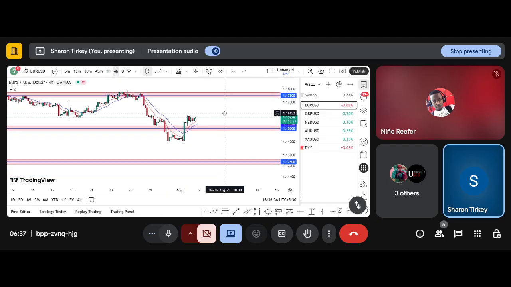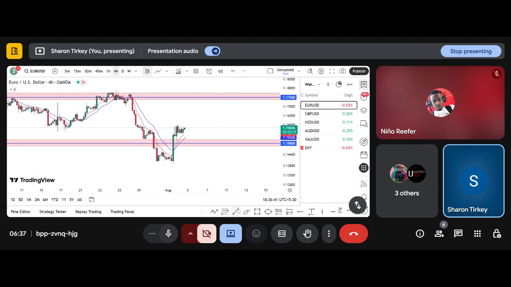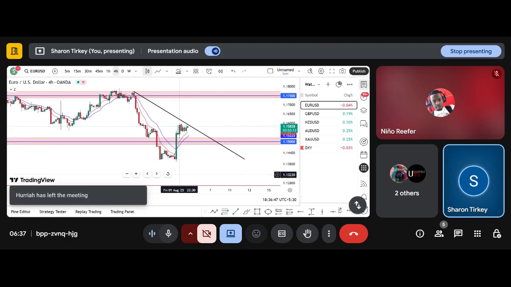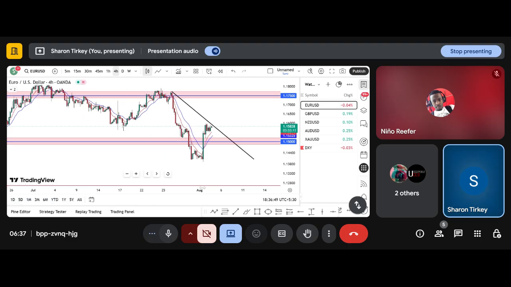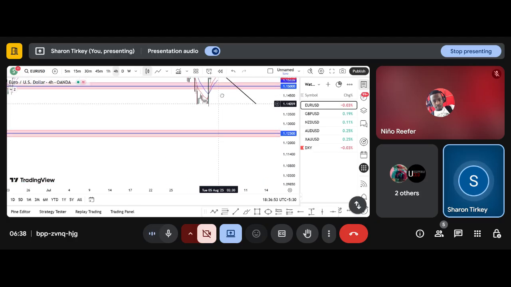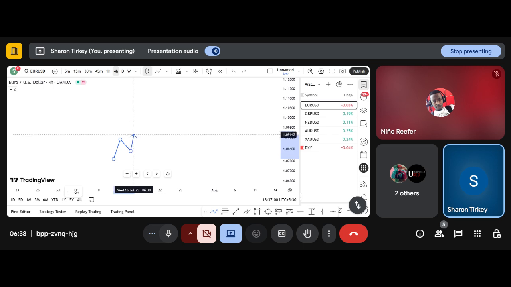Here you see now we are going to the 4 hour time frame. Here you see this is our trendline, it shows it is a downtrend. Now after this I am going to tell you about the structure for uptrend and downtrend. Here you see the structure for uptrend is this, and the structure for downtrend is like this.